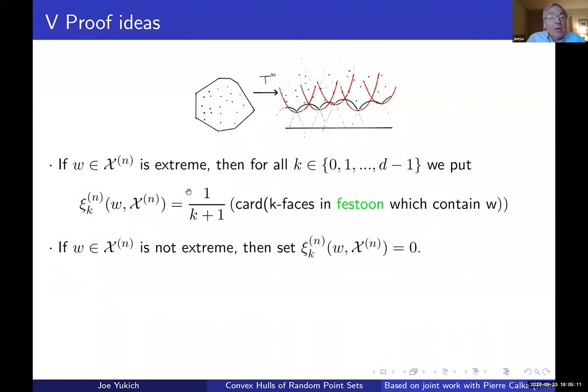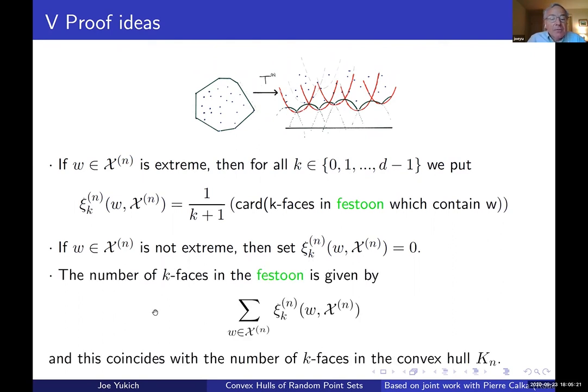So just to recapitulate, if a point is extreme, we define the score this way. If the point is not extreme, we set the score to be 0. Therefore, the number of k-faces in the festoon is given by the sum of the score functions over all points w lying in this right-hand picture.